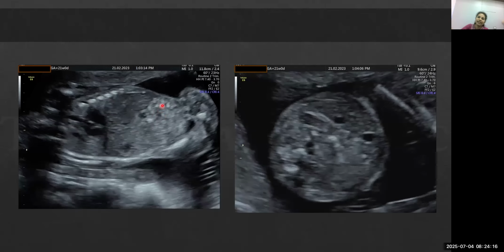Similarly, we can see an echogenic bowel with inspissated echogenic material in the bowel. And here we can see an isolated dilated bowel loop with calcification along or near the bowel wall.